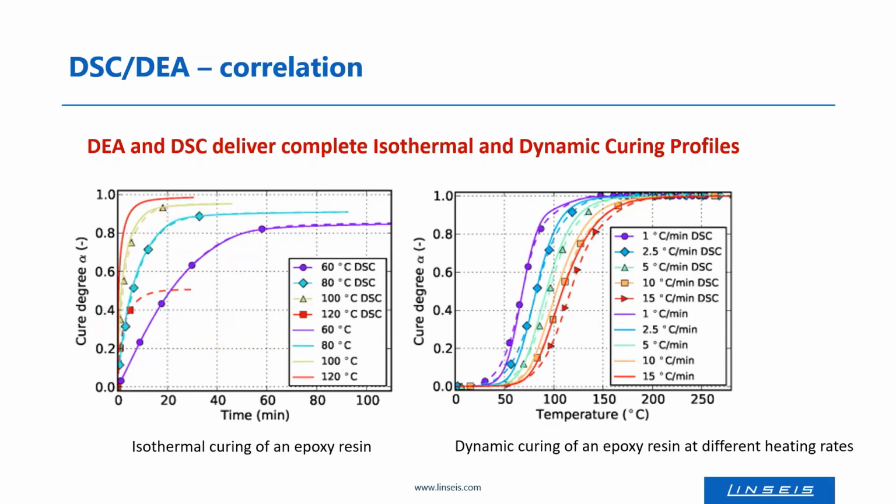On the right-hand side, the dynamic cure is shown. So the samples have been heated up with a constant heating rate, and you can see also at which temperatures you have final cure or 50% cure. So you get a full characterization or full curing curves with DSC and DEA.